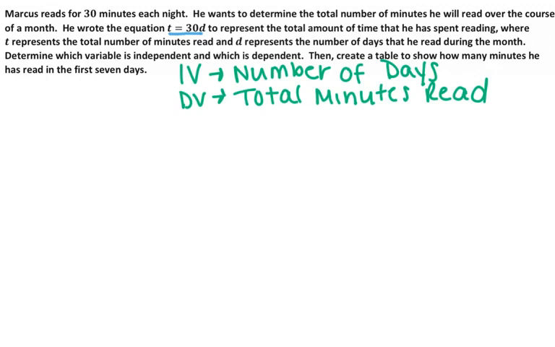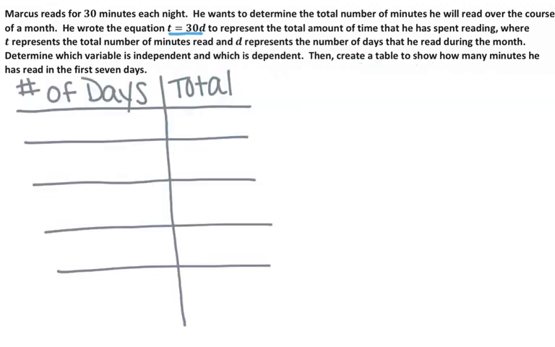So now that we know our independent variable and our dependent variable, we can make our table. And in a table, in the first column, you're going to have the independent variable, and in the second column, you will have the dependent variable. So I have drawn our table. So in the first column, I had our independent variable, which was number of days, and in our second column, I have our dependent variable, which is total.